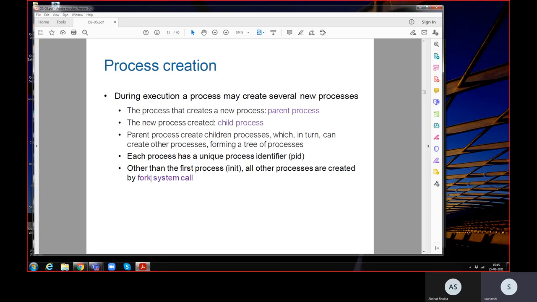Now, there is one special process in a Unix or Linux based system, which is the very first process which is created. Now, as I said, you might assume that every process is created by some other process. There should be one process which is the first process. So that is called init. Now, further discussion about init is out of scope of this lecture at least.